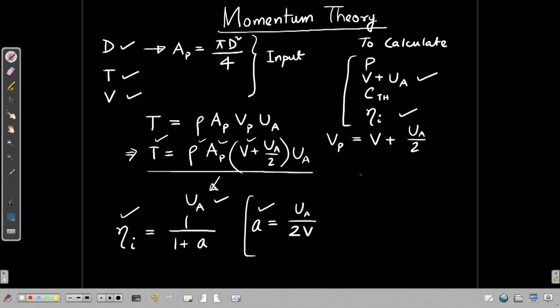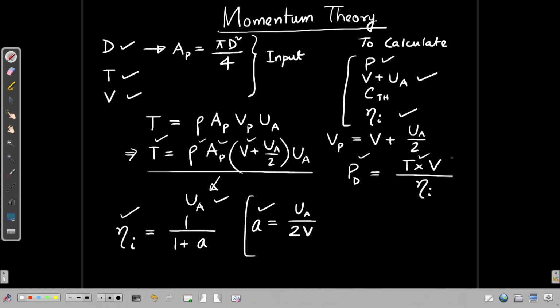Next, we can compute power delivered, or power P, however we may write it, as thrust into velocity divided by eta I. We can use the output power, which is thrust into velocity divided by the efficiency, to get the power which is delivered to the propeller. So, this is the same as P, which is mentioned here.